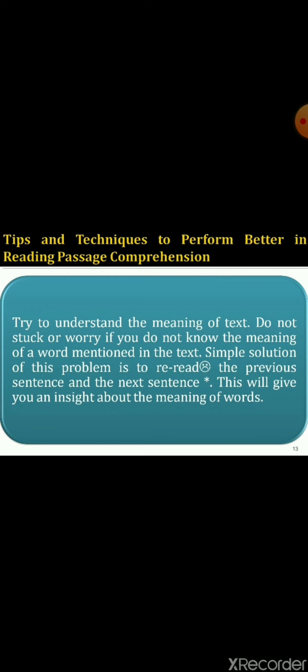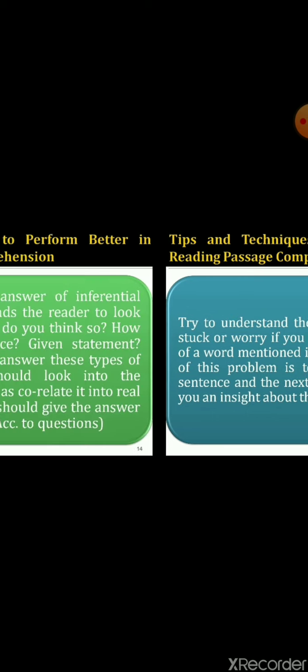The simple solution I have given you here: just reread the previous sentence and the next sentence. You will comprehend the context of that difficult word and will be able to move ahead. This will give you an insight about the meaning of the word, why it has been used and in what context it has been used.